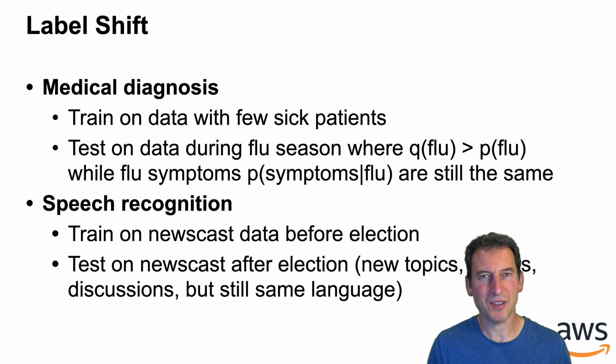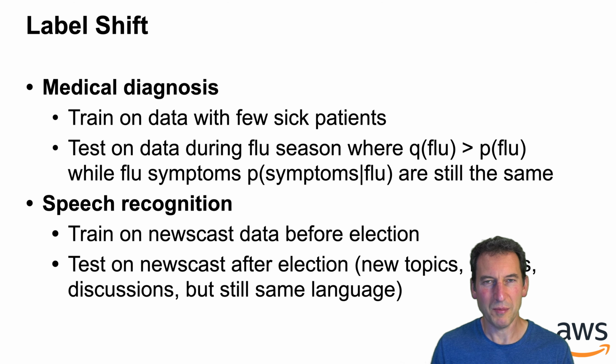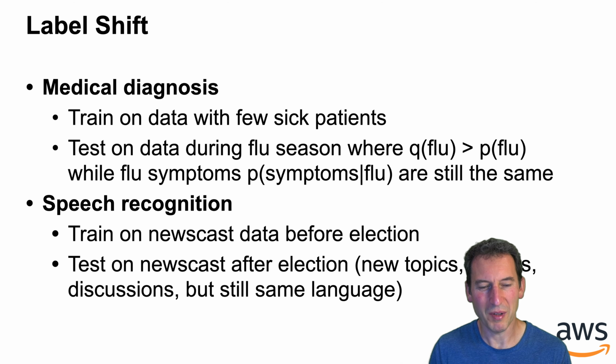Then after the election, unfortunately, new names and red hats and other stuff like that are prevalent. So people still speak English, but they talk about some very different, strange things. And so you might have considerable label shift. It's still English, it still means the same, so you can still transcribe it, but the topics are now completely distorted, right?